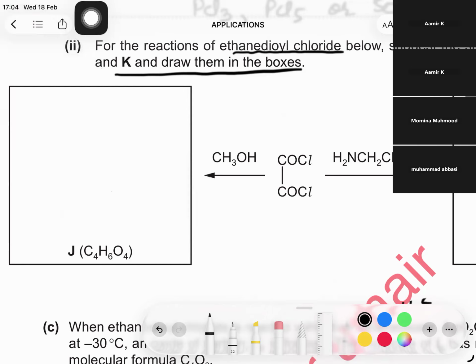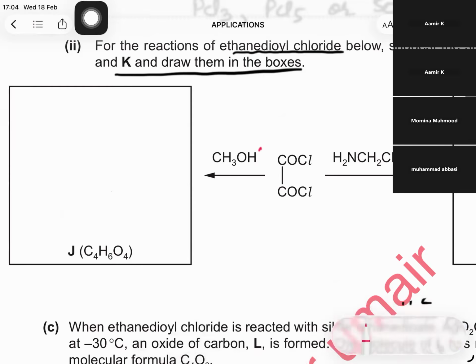Lalma, can you look at the reactions of acyl chloride with alcohol? When they react with alcohol, their H is lost and their Cl is lost, and CH3O comes and takes the place of Cl. Okay? An ester is formed.